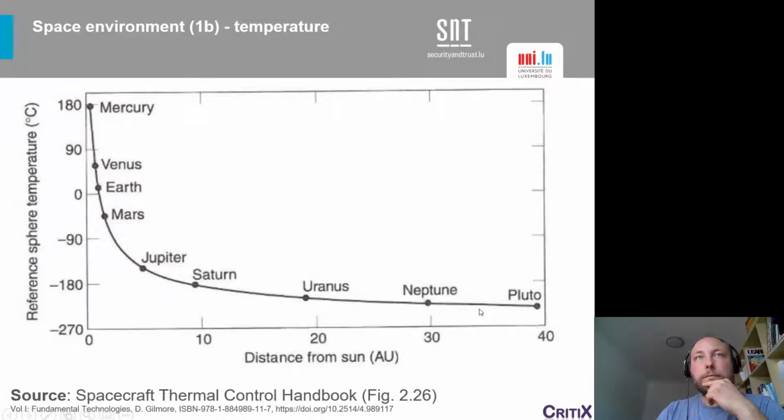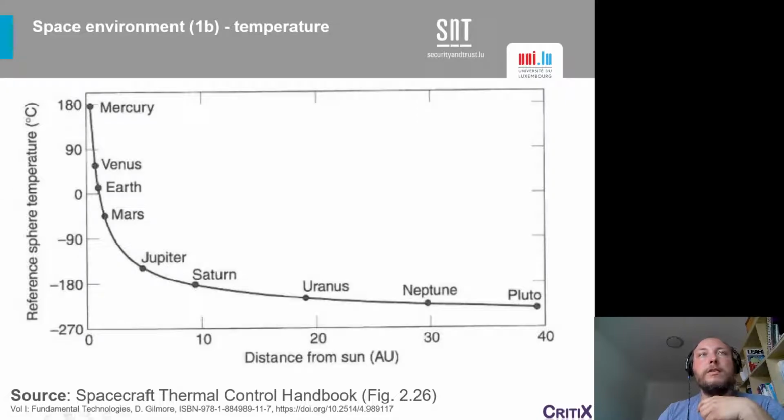So it's cold. Electronics doesn't work very well in such cold environments. Simply, semiconductors stop working, and they do not keep the parameters. So this has to be taken into account when designing the probes.